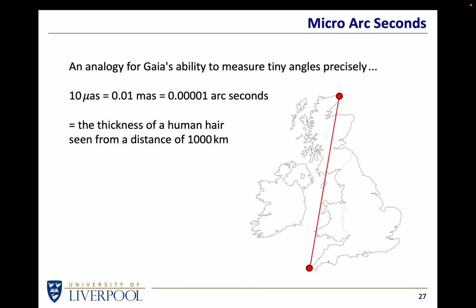So if you were standing in Land's End looking at somebody in John O'Groats, if they held up a human hair, you could tell whether or not they moved it 1 human hair width to the left or 1 human hair width to the right. The precision of a human hair at that distance is absolutely mind-boggling, and you can understand the achievement in terms of the design and the technology and the engineers of putting something together which is capable of measuring stars to that sort of ridiculous angular precision.